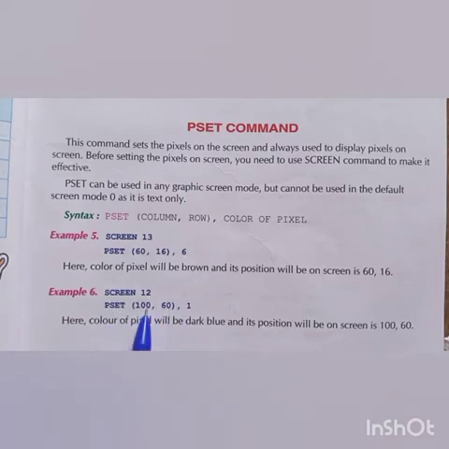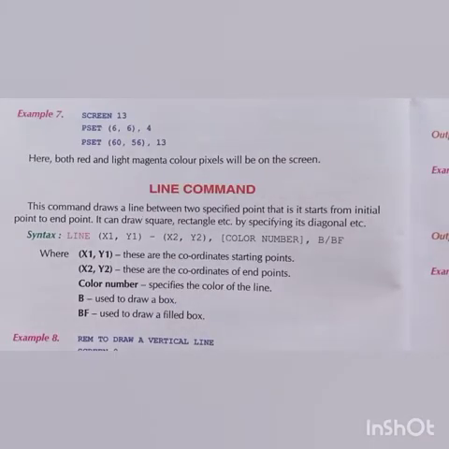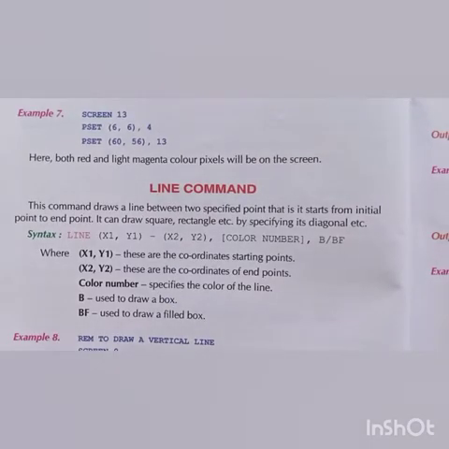This means the drawing will begin from the pixel at the 100th column and 60th row, and the color of the pixel will be dark blue. So when you run this program, you will get a dark blue pixel on your screen at the 100th column and 60th row.